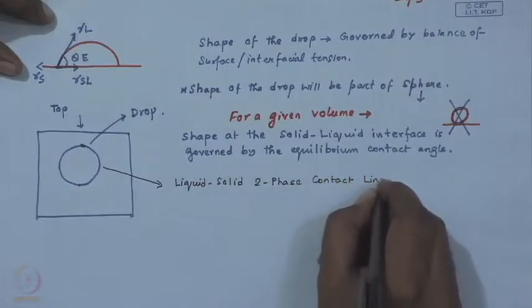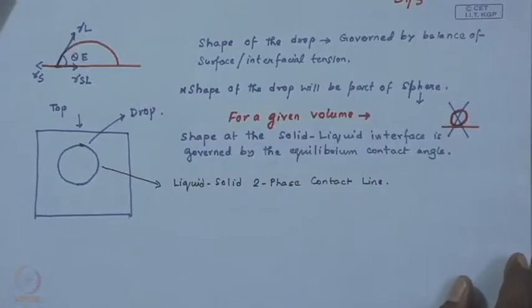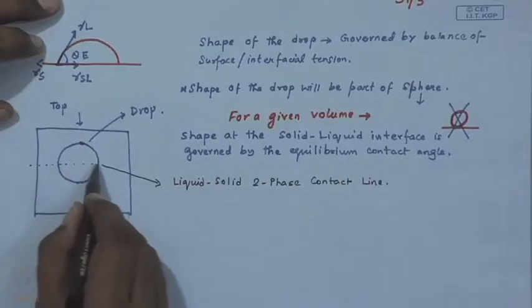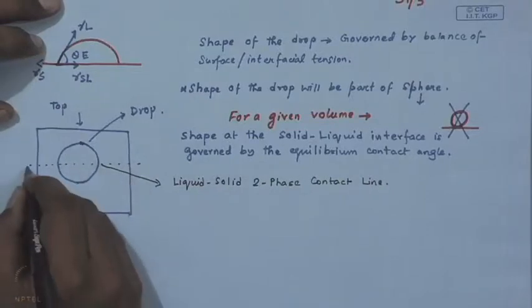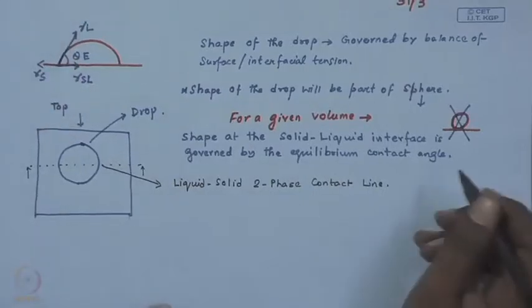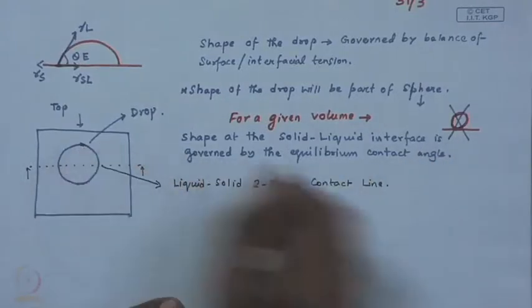You also know this, because I think we have, if not directly or explicitly, talked about these concepts while discussing hydrophobicity. So essentially, where does this picture originate from? If you take a section of this drop along this plane, you get to this picture. Okay. We have already argued that it is a part of the sphere. So you get a circular contact line.